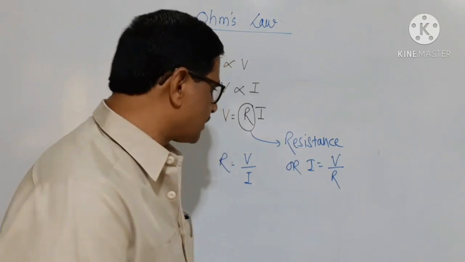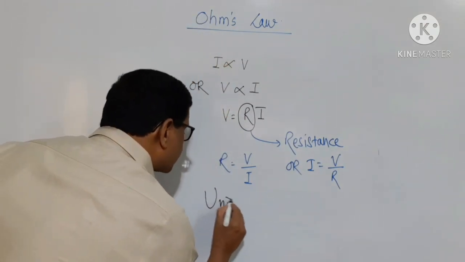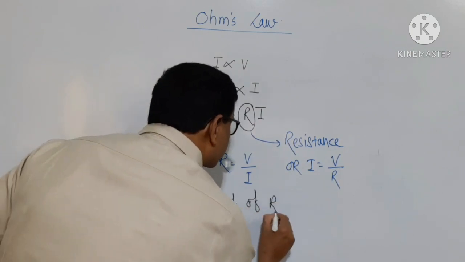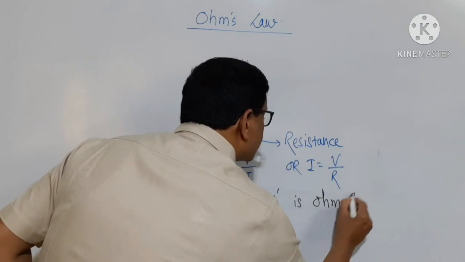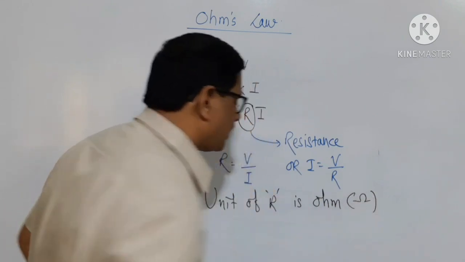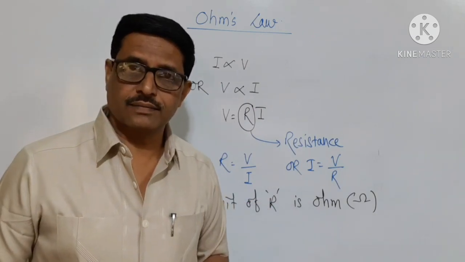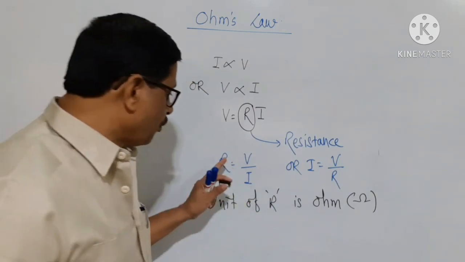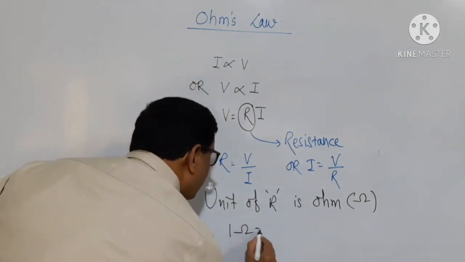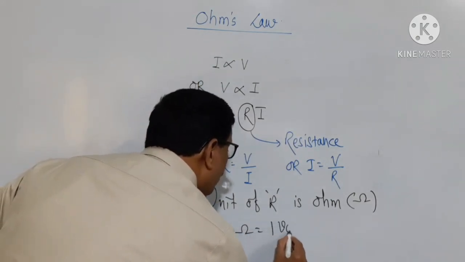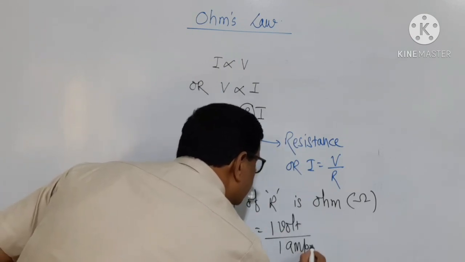This resistance has a unit. The unit of resistance is Ohm. Symbolically, it is represented by capital Omega. Now, from this what we are able to write here is that 1 Ohm is equal to 1 volt divided by 1 ampere.